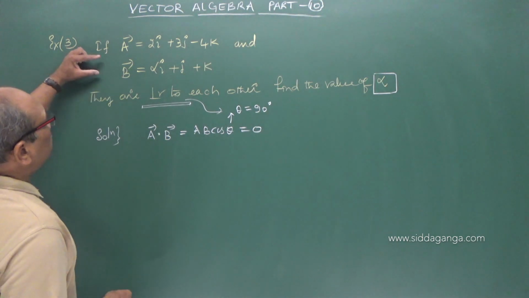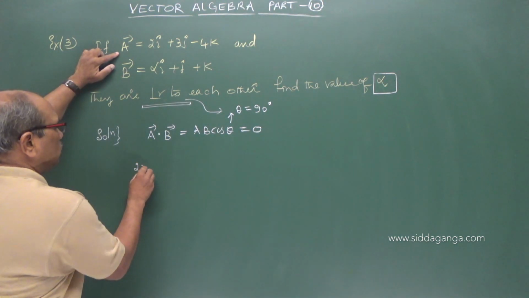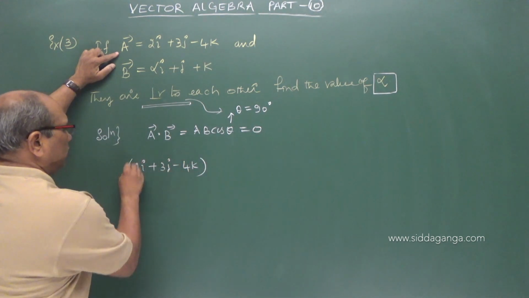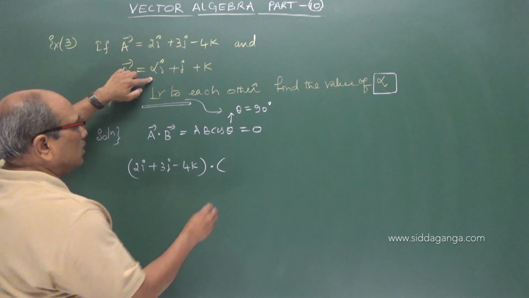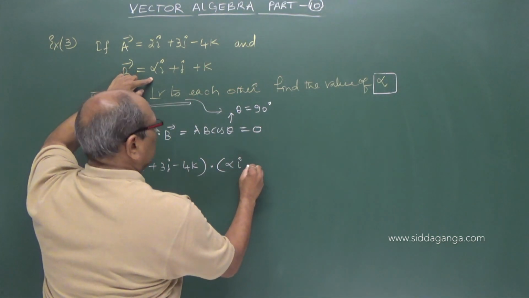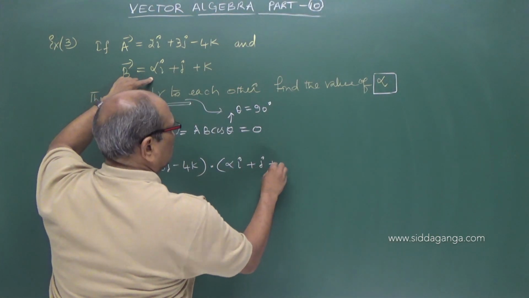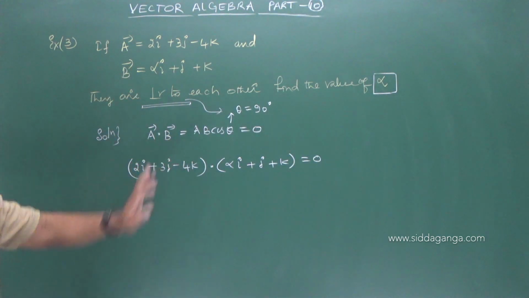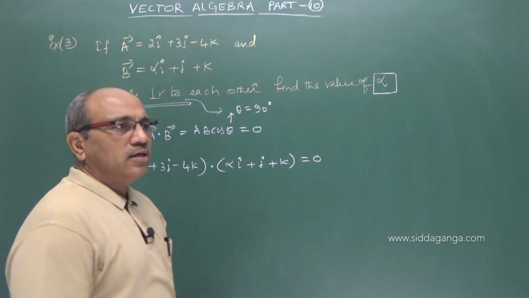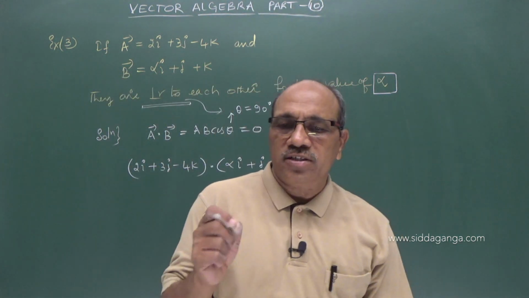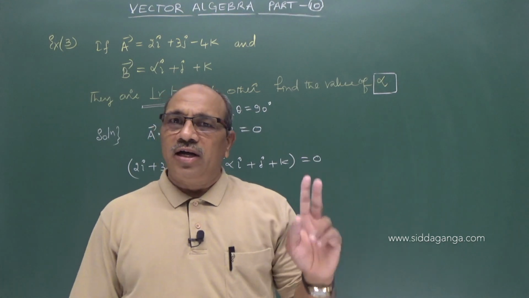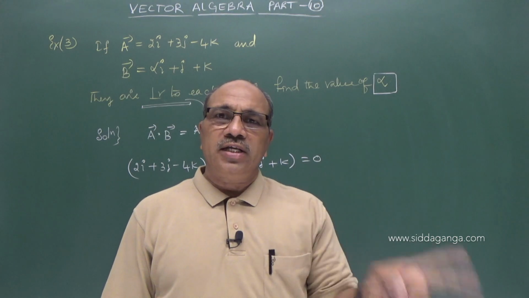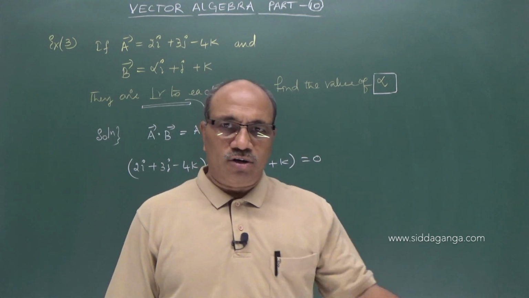A dot B, what is A? 2i plus 3j minus 4k dot alpha i plus j plus k equals 0. In the dot product, only I to I, j to j, k to k products exist. I to j, j to k we cannot consider.